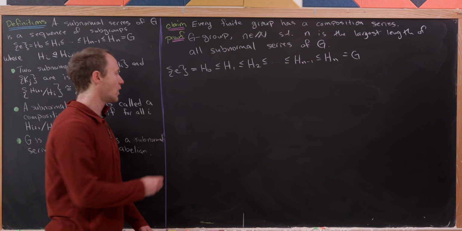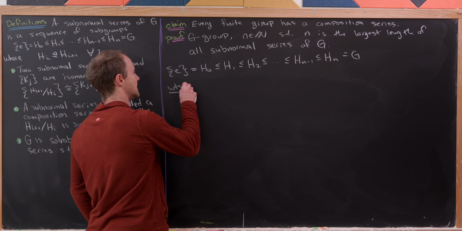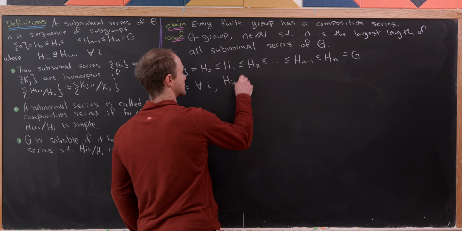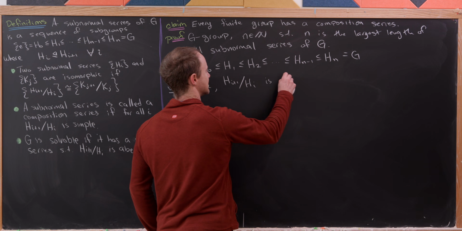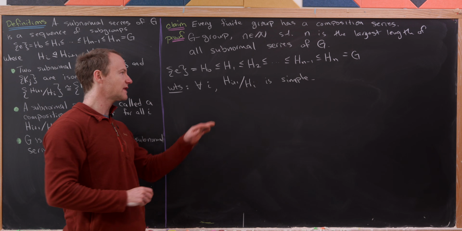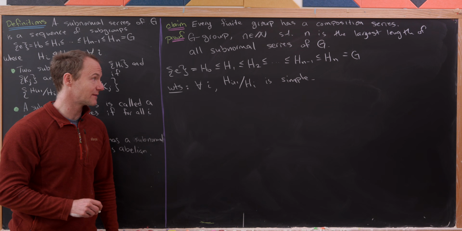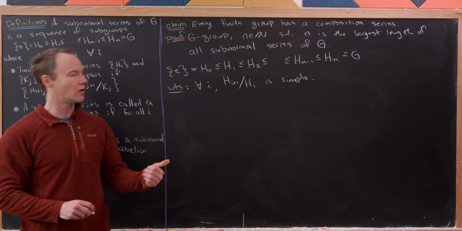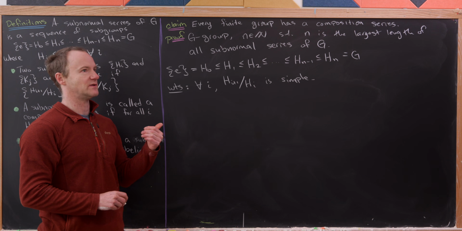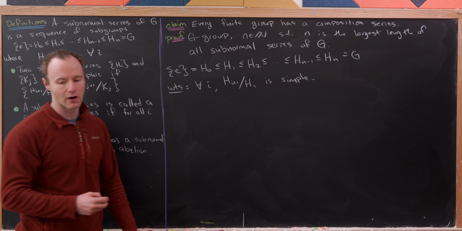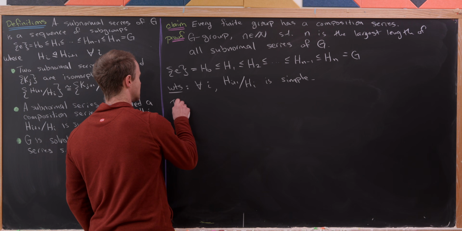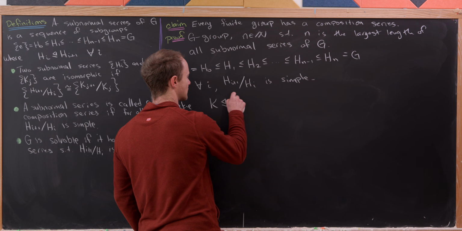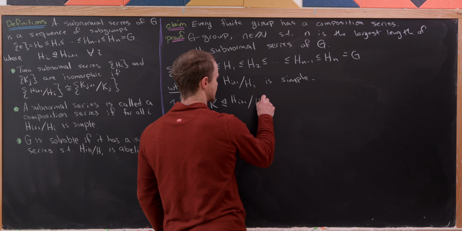Which means what we want to show is that for all appropriate i, H_{i+1} mod H_i is simple. And we can do that by taking a normal subgroup of H_{i+1} mod H_i and showing that that normal subgroup must be either the whole group or maybe the trivial group. So let's see how we might do that. So let's take a normal subgroup. I'm going to call it K, which is normal in H_{i+1} mod H_i.